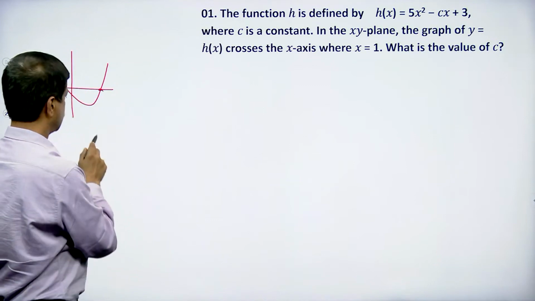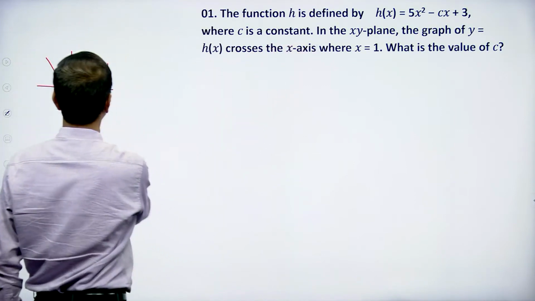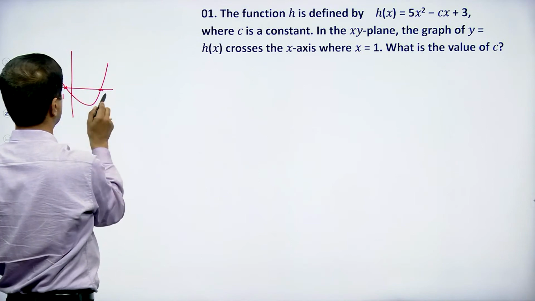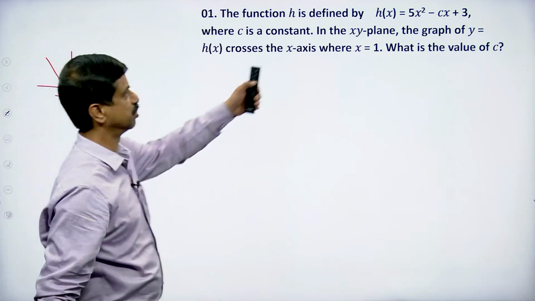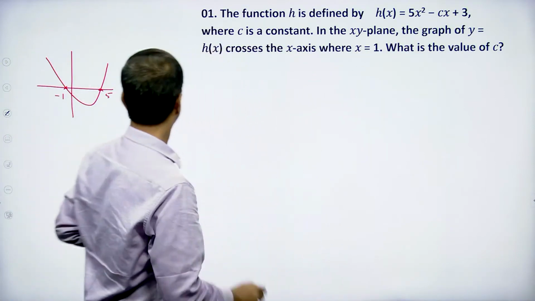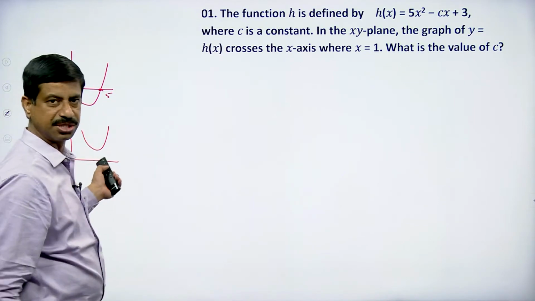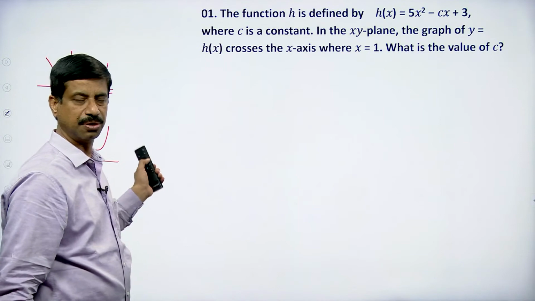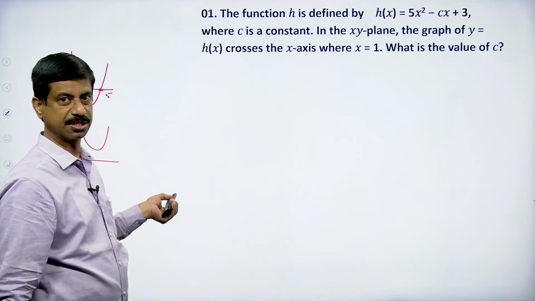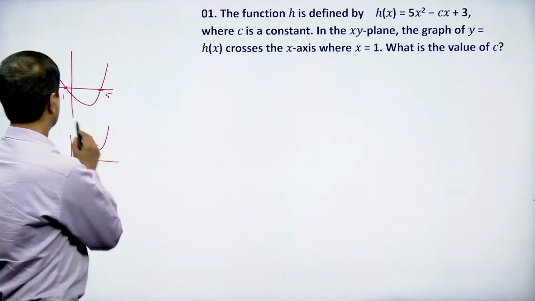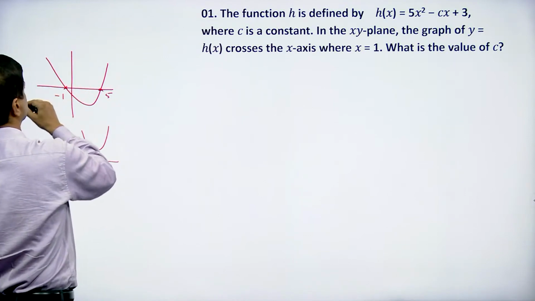That means if I replace x by this value, x equal to minus 1 and 5, something like this, then I should get the answer as 0. If you have something like this, it is not at all cutting the x-axis, which means no roots.